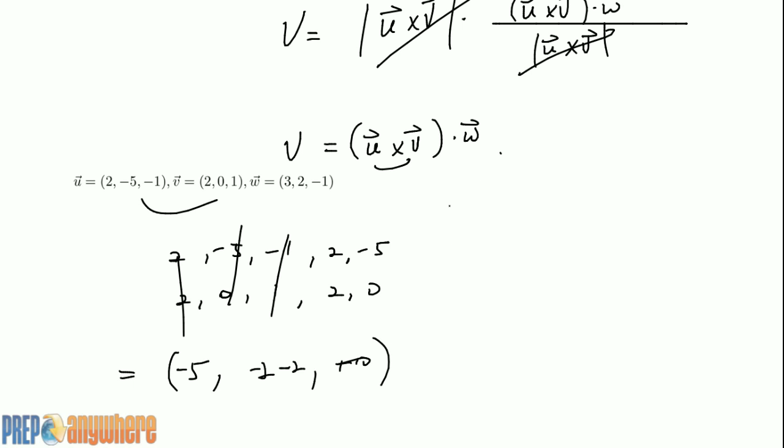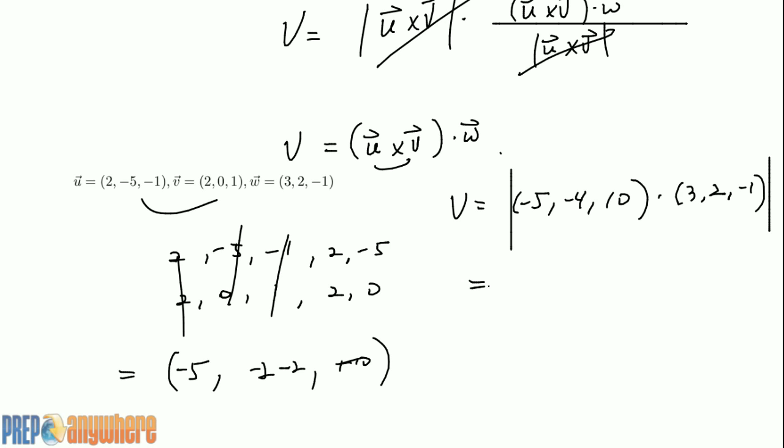Okay, so the volume is going to be minus 5, minus 4, plus 10, dotted with w, which is 3, 2, negative 1. It's going to be actually the magnitude of this. The magnitude. Make sure it's a positive value. Now it's easy. That product's easy, right? It's going to be minus 15, minus 8, minus 10. This is the volume. 33 unit cubed.